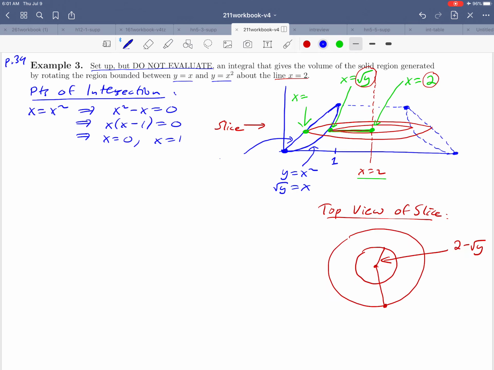Well, that's the line y equals x, and we just turn it around and say x equals y. So x is equal to y at this point. And then we ask, how do we measure this entire horizontal distance? Well, we're just going to subtract the x-coordinate at the right from the x-coordinate at the left. So we're going to take 2 minus y. That's going to give us that horizontal distance.